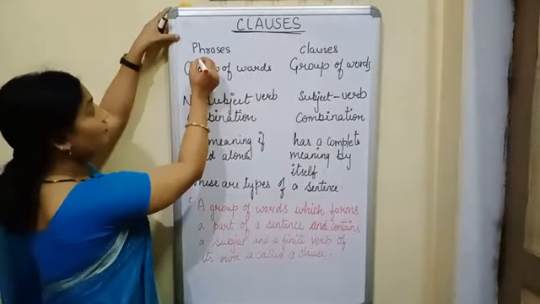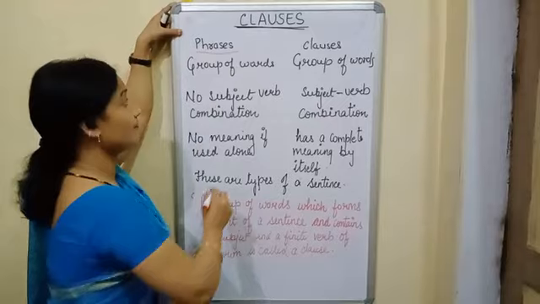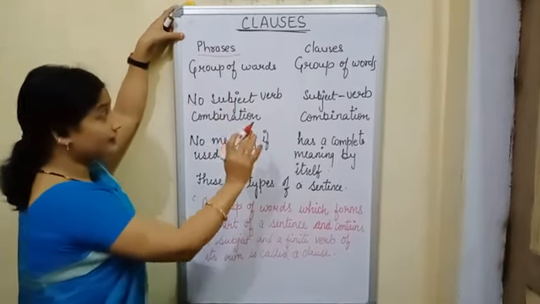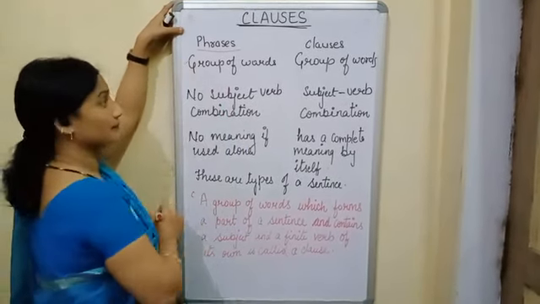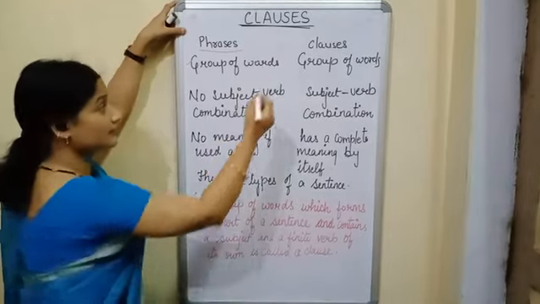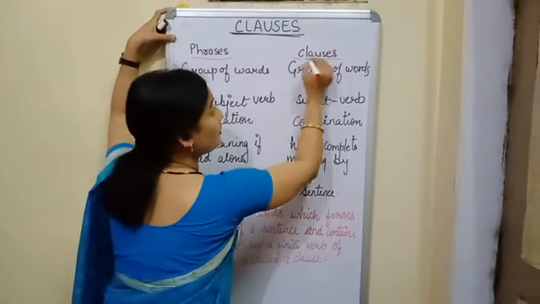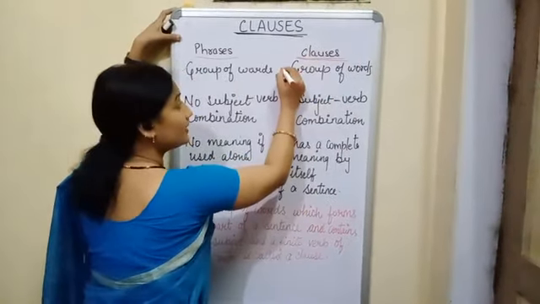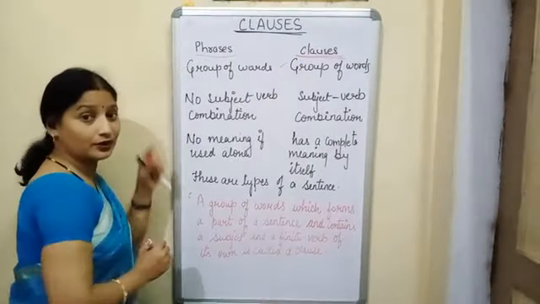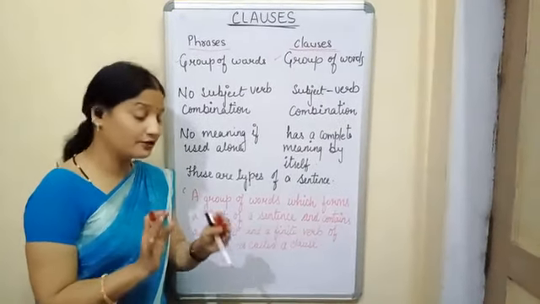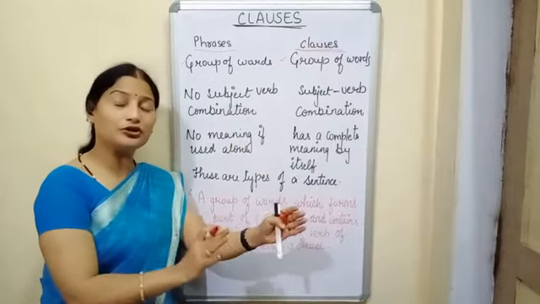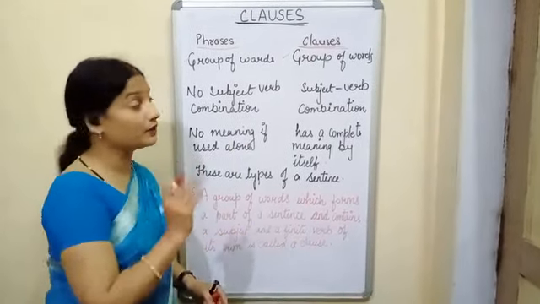See, the first thing about the phrase, we have already read this. It is a group of words. Now come to clauses. In clauses also, I have written that clauses are groups of words. Now the first point is clear: both of them are groups of words.